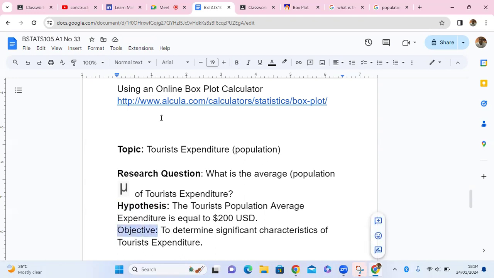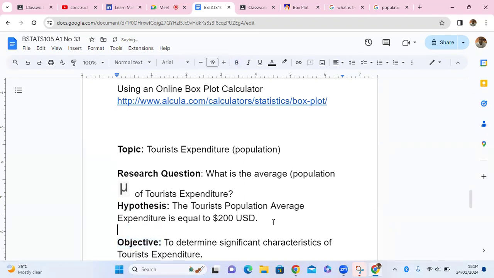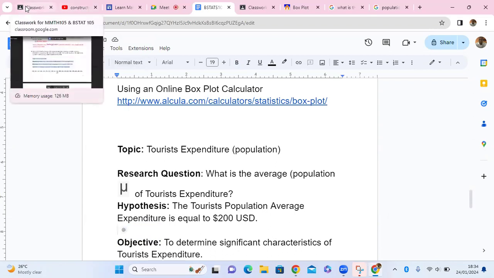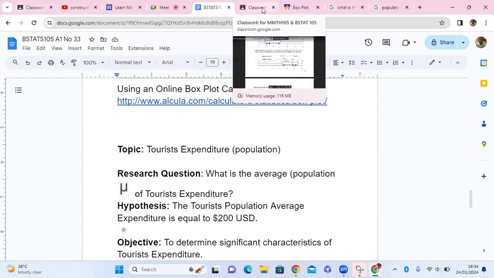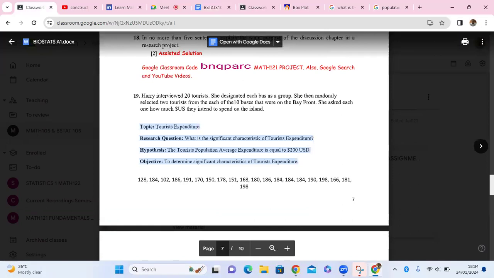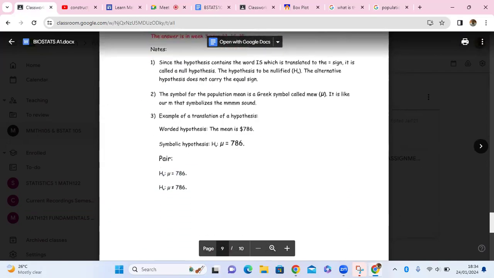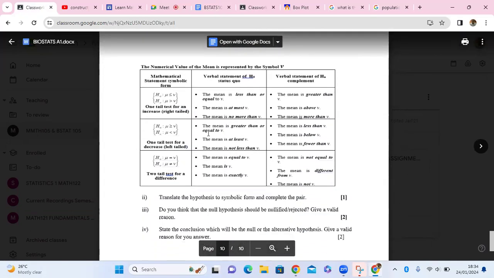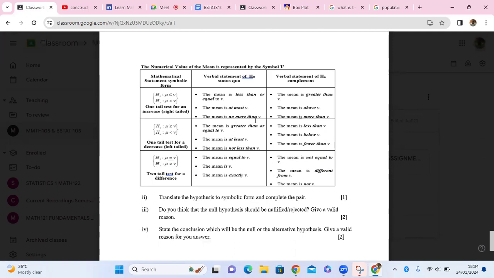So this statement now can be translated symbolically, and here is the table to do that. You have to go there and look to see which statement is equivalent to saying the mean is.